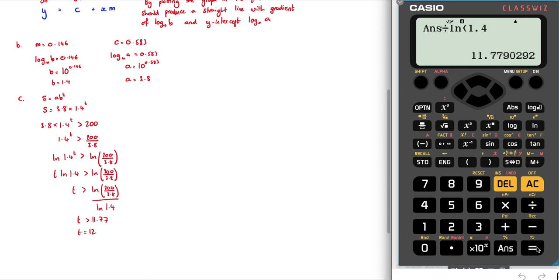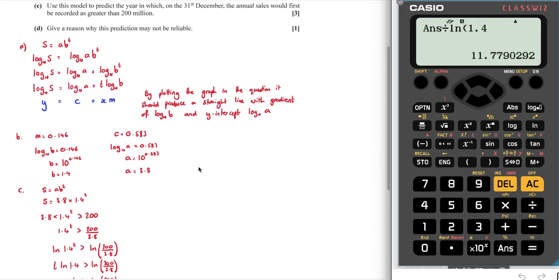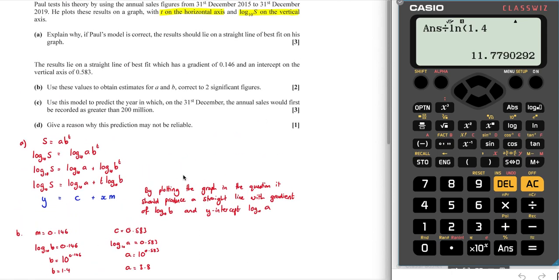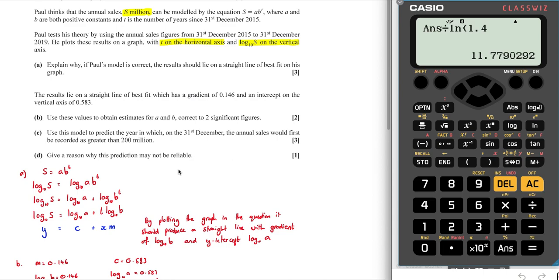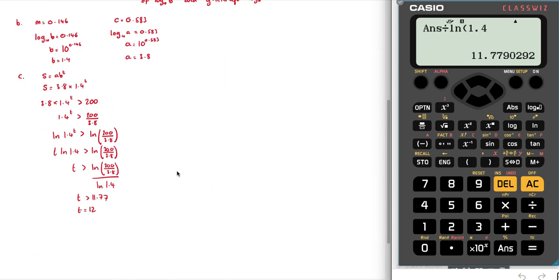So t is 12. So let's double check the question. Which year on the 31st of December would the annual sales first be greater than 200 million? So what year did we start? This is years since 2015. So I want to do 2015 plus 12.